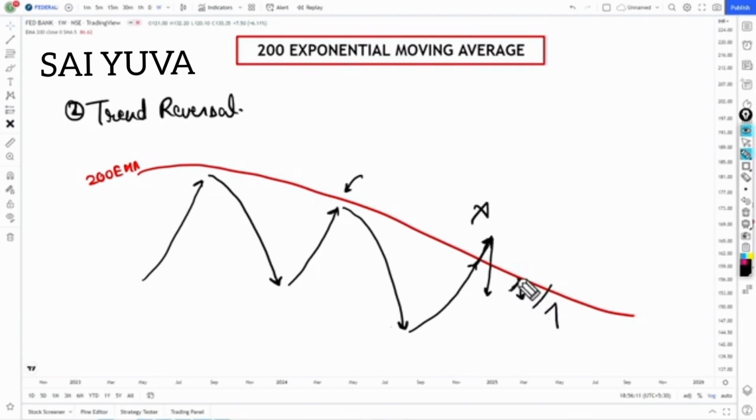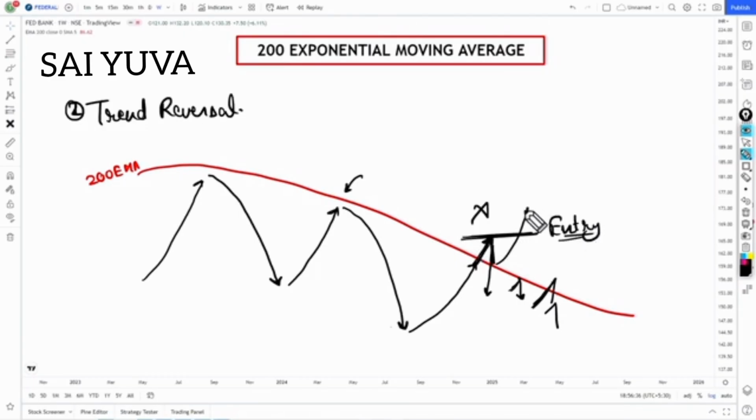Watch carefully. If the price goes near the moving average and continues on the upside, then we don't have to trade. In 90% of the cases, you will see a reversal, because you can't identify the moving average exactly on the spot and take a trade. The price can go up or down and bounce. So there are three cases.